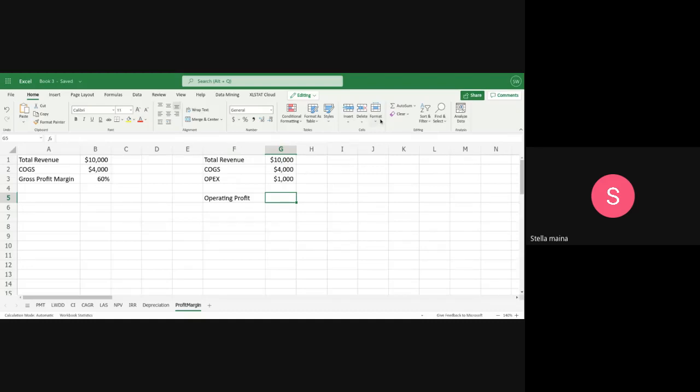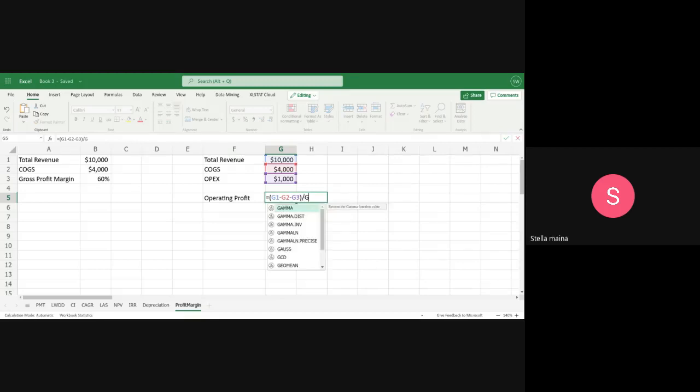So I'll go ahead and say equals total revenue being G1, minus G2, minus G3, divided by G1.